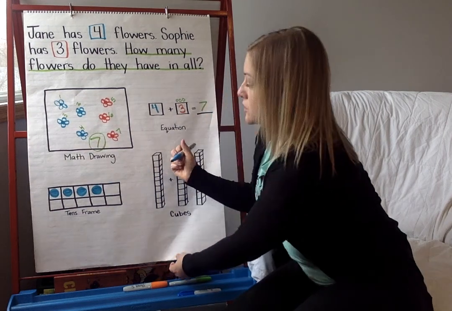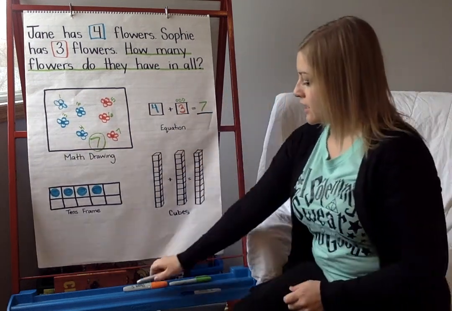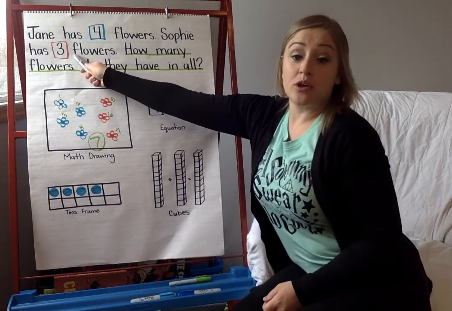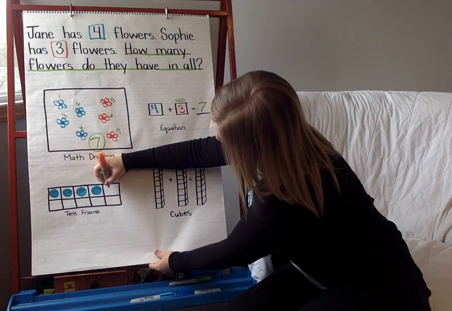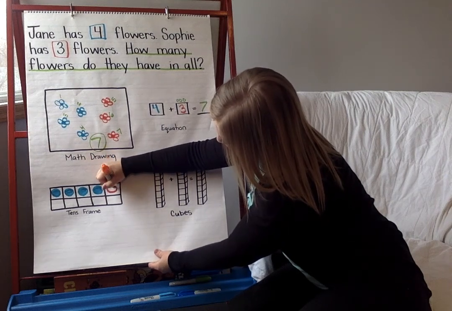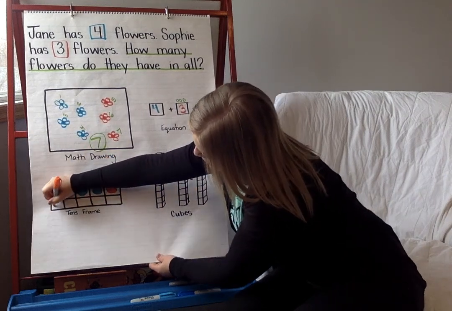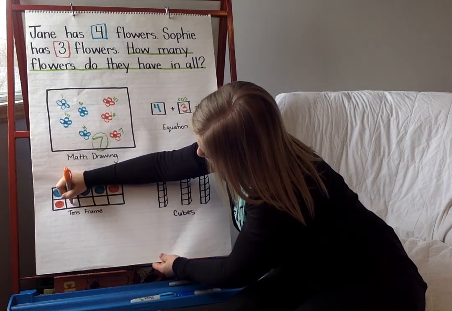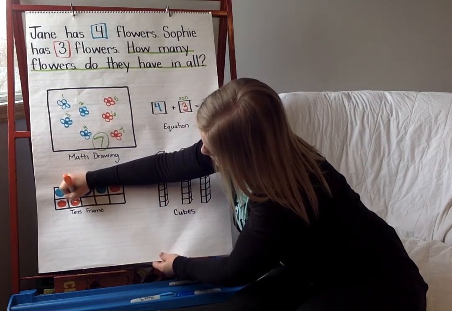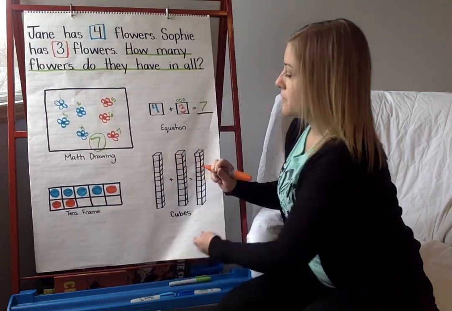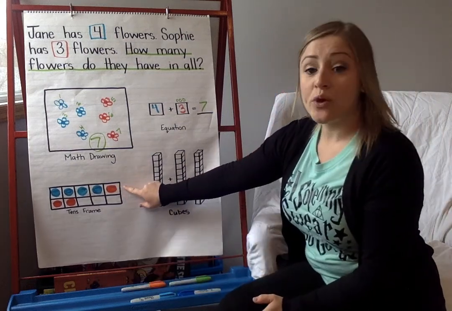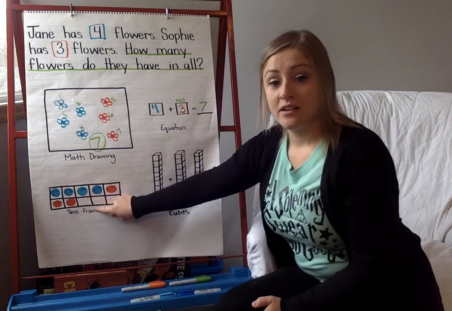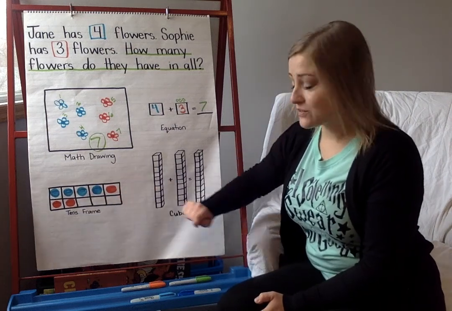So there's 4, and then we have to add 3 more orange circles for Sophie's flowers. 1, 2, 3. And when we have that finished, you can see we have 7 dots in our tens frame.